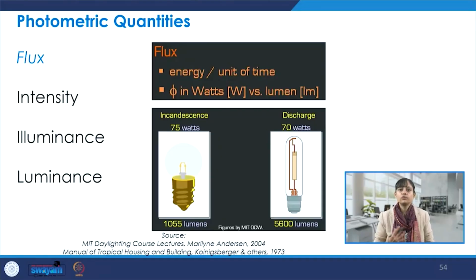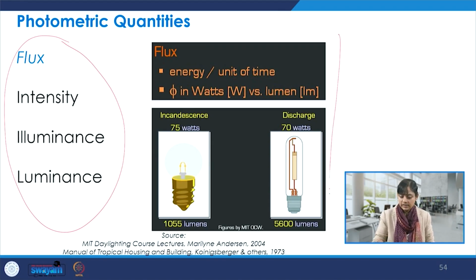So when we talk about photometric quantities, these four are very crucial. So there is flux, intensity, illuminance, and luminance. And these are put here very simply. So when we talk about flux, it is energy per unit of time, and it is usually calculated in lumen.